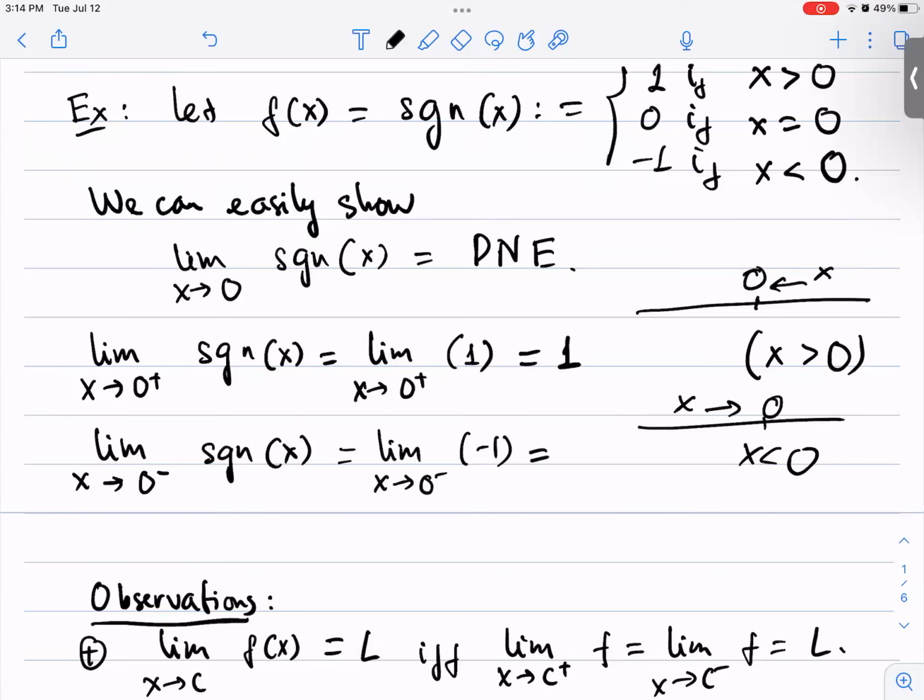Similarly, if we consider x approaching 0 from the left, then x is always smaller than 0. That's why the value of the function is equal to -1. That's why the limit here equal to -1.